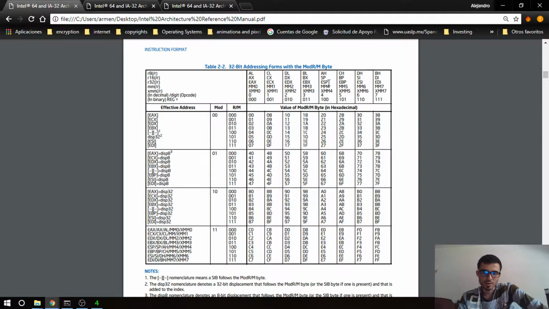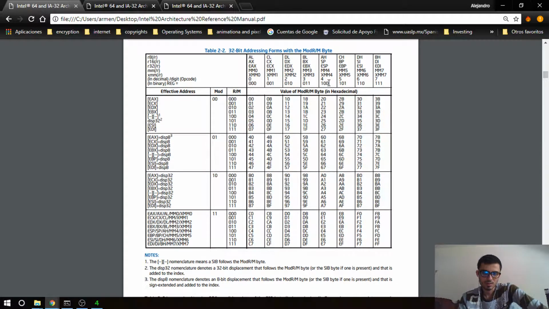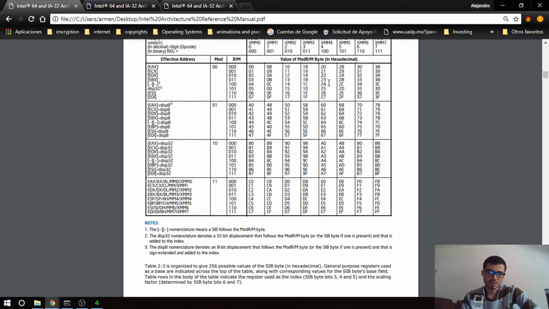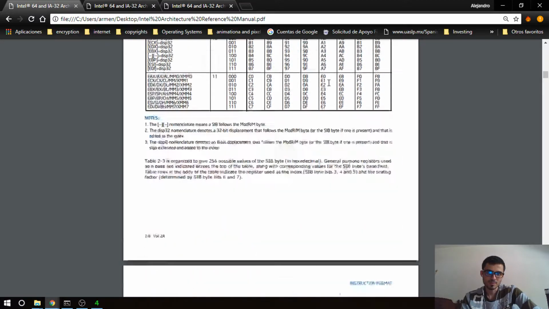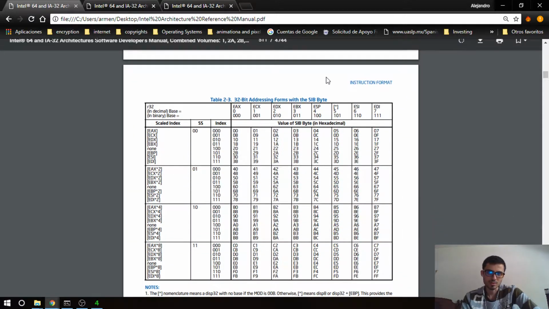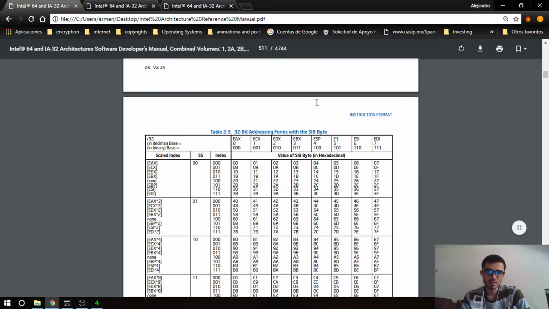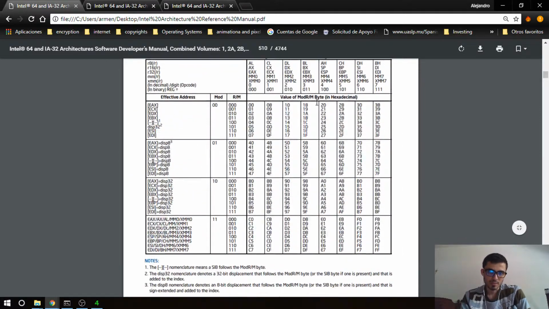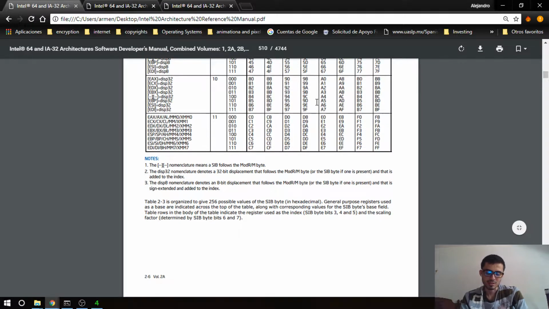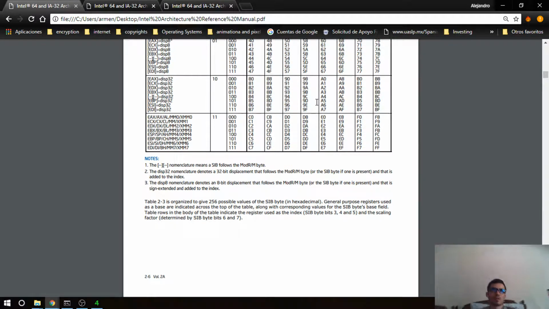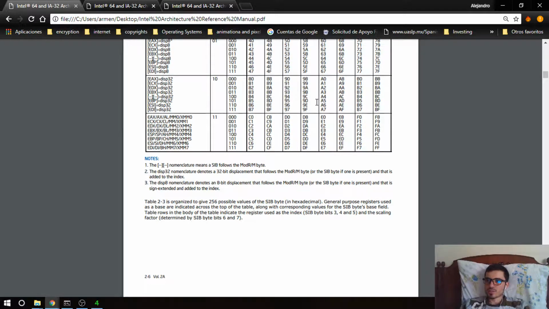But now we don't have, or probably we don't have SIBs on 16-bit, isn't it? SIB is just for 32-bit, as I imagine, because look at this. This is SIB, but we don't have 16-bit SIB. So probably the index has to come from the first register, I guess.